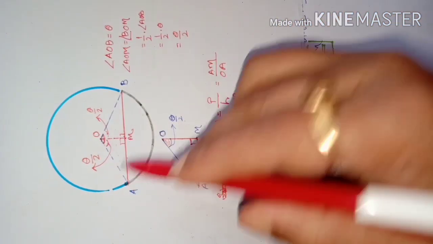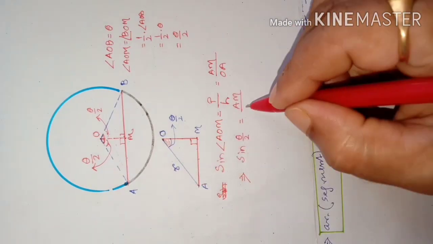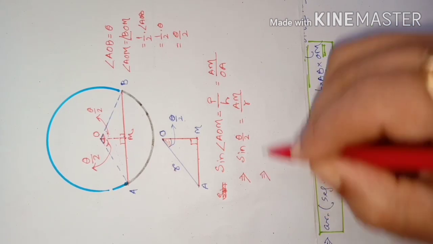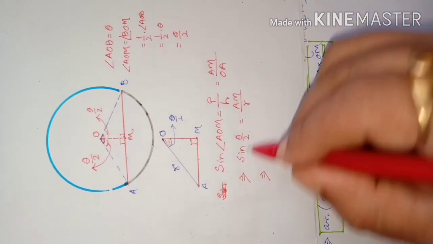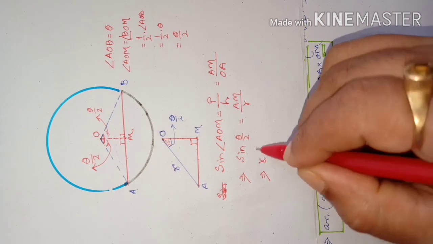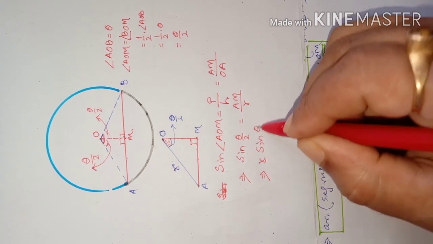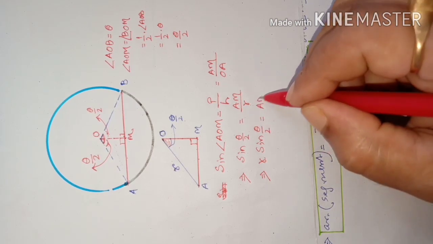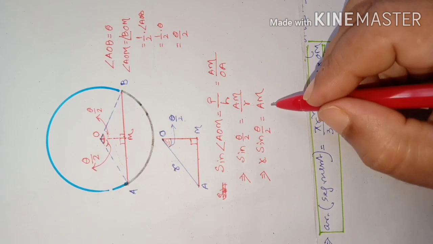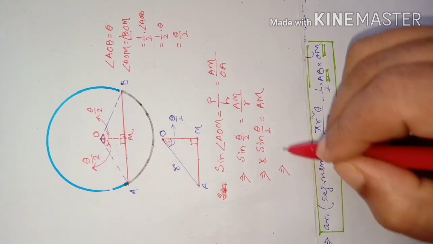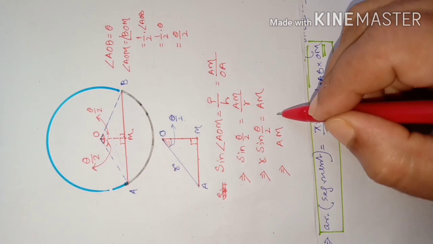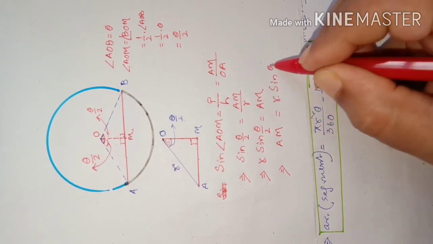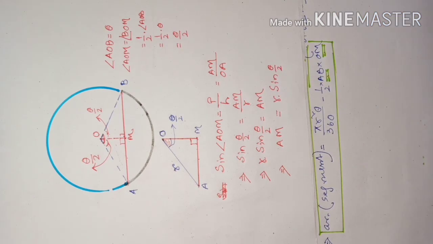OA is nothing but a radius R. So taking R here, R into sine theta by 2 is equal to AM. So AM is equal to R times sine theta by 2. Remember this. Very, very important.